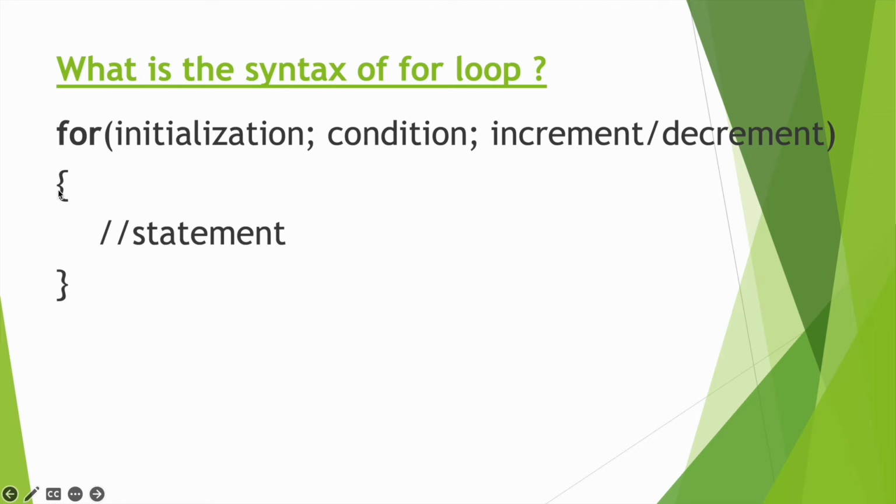Then in the next line you need to open and close curly braces, and in the curly braces you need to declare statements. So this is the syntax of for loop. You need to remember this: initialization, condition, increment or decrement.